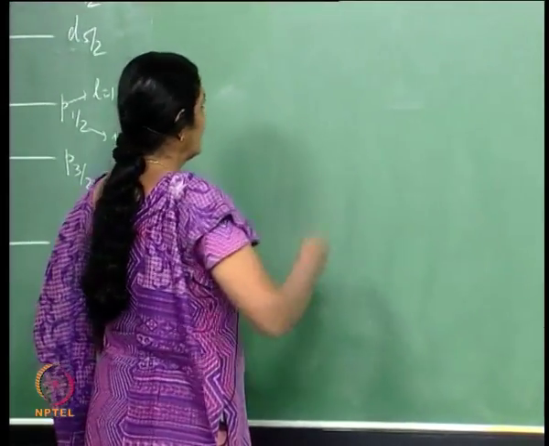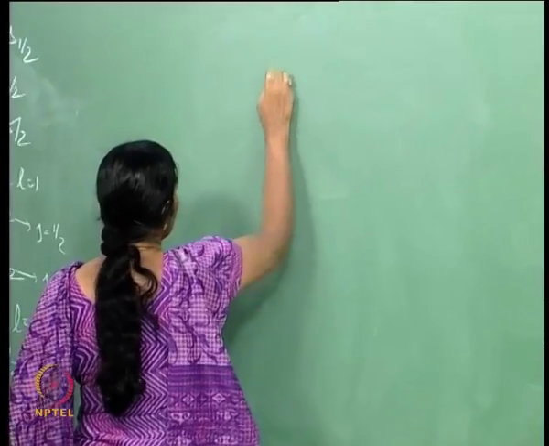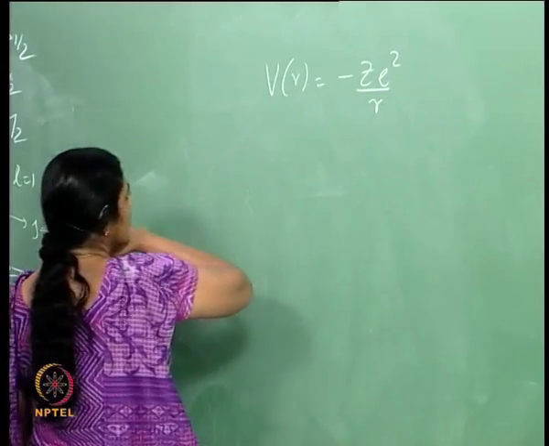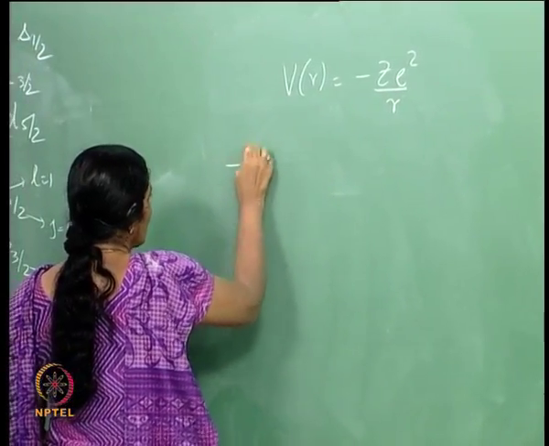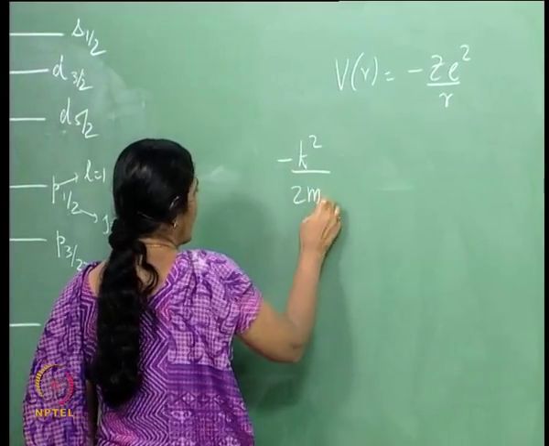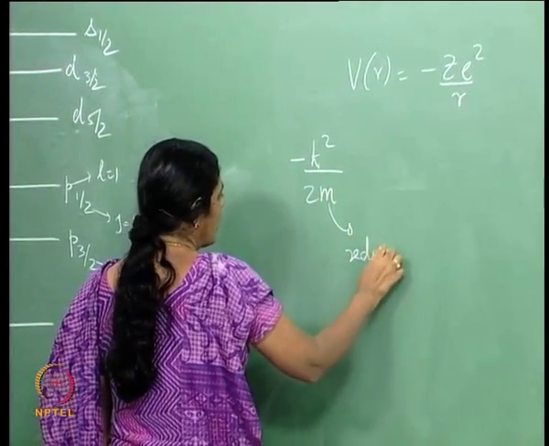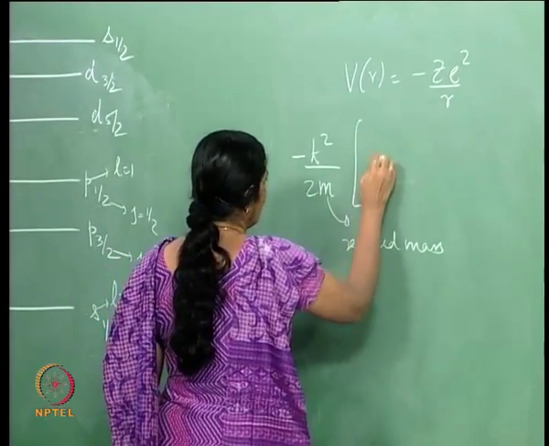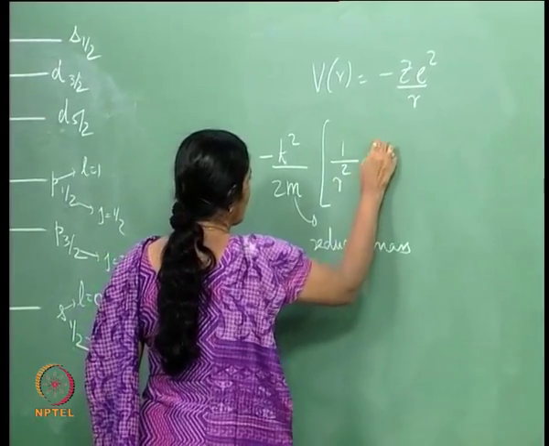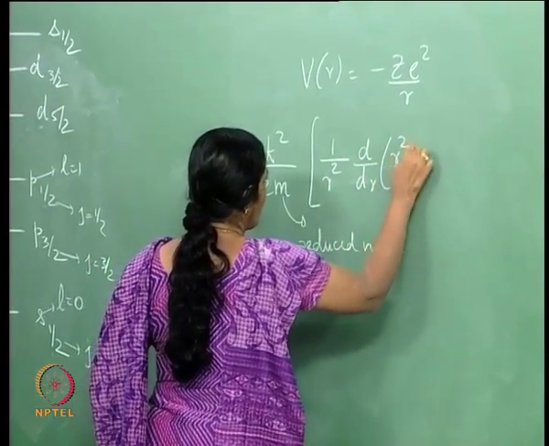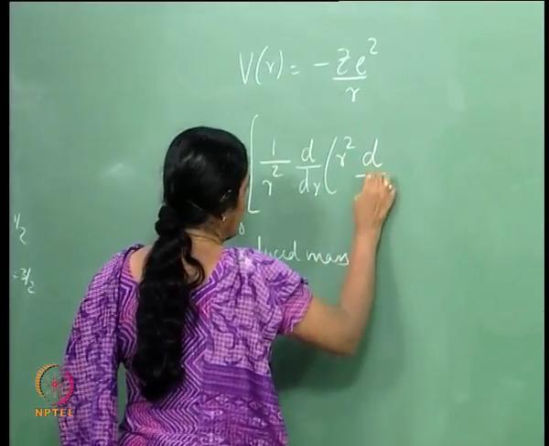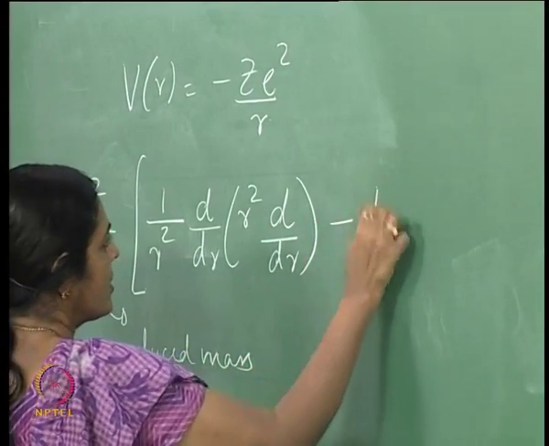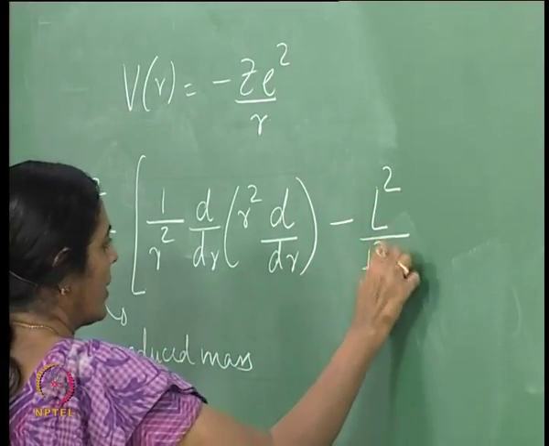So, in the hydrogen atom problem, the potential is minus Ze squared by r, and the Schrodinger equation is minus h cross squared by 2m, where this is the reduced mass. We are working with the equivalent one body problem. Del squared is 1 by r squared d by dr of r squared d by dr, minus L squared by h cross squared r squared.